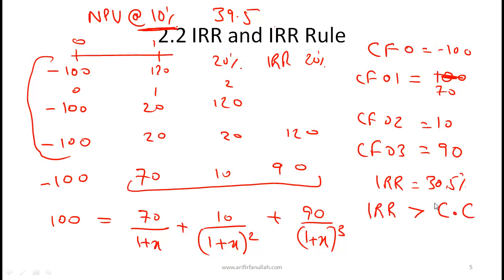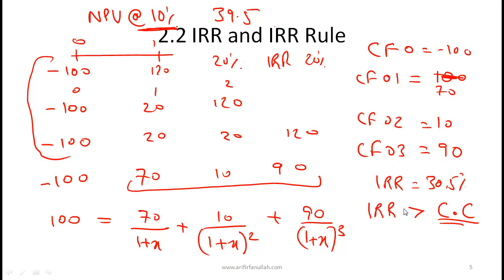Since you are doing only those projects where IRR is greater than the cost of capital, effectively the cost of capital is a hurdle that you must jump over, or must be higher than, in order to do a project. And hence the cost of capital is also sometimes referred to as a hurdle rate. So we will only do projects that clear that hurdle. So that's where the hurdle rate comes from.